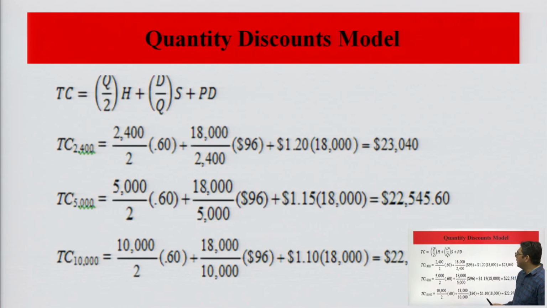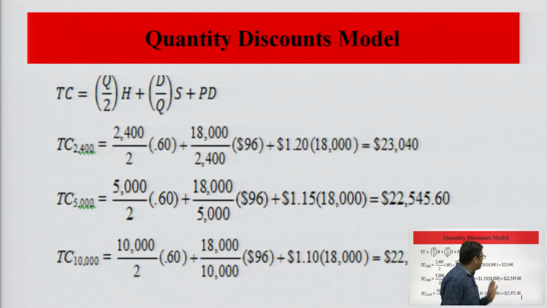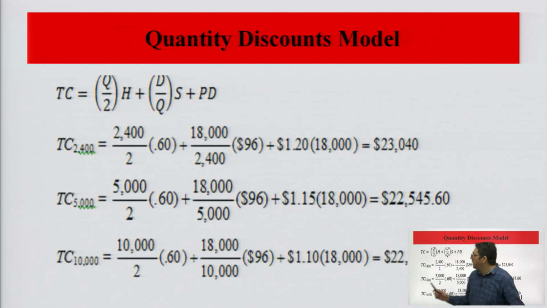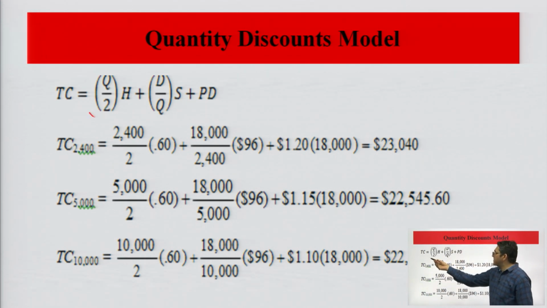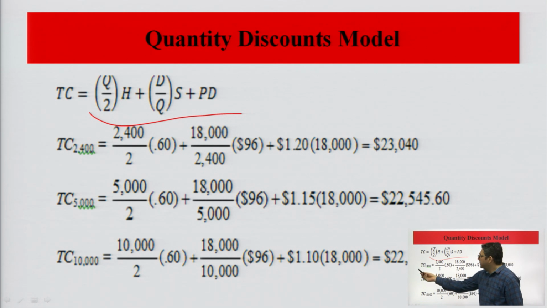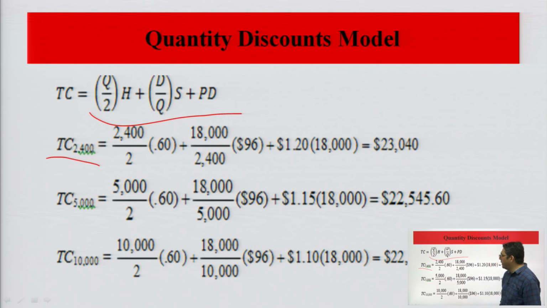Let us see. This is how I have calculated it directly, using the formula that I have explained to you. Now, the discount that we are getting is offered on 2400 units, so we put the formula in here.